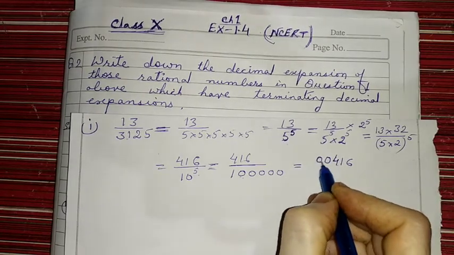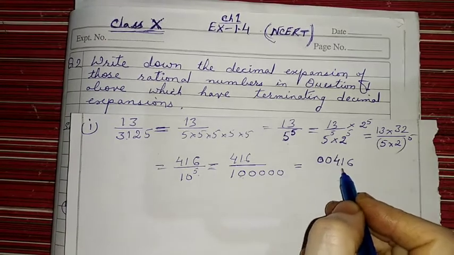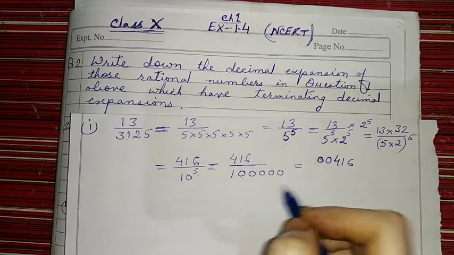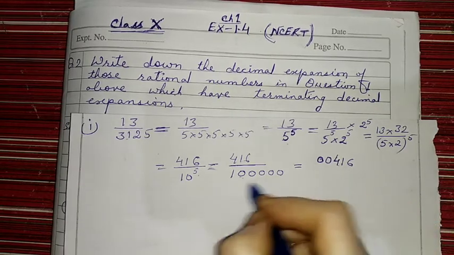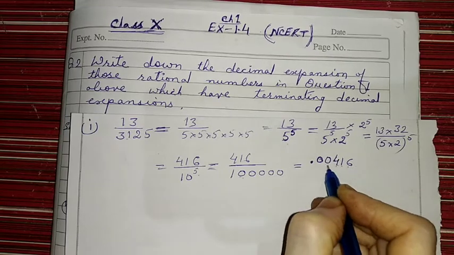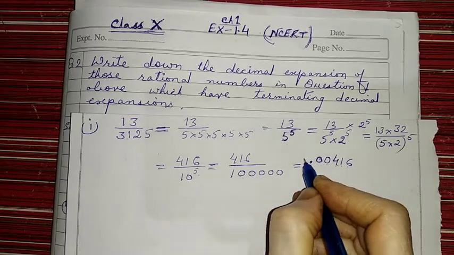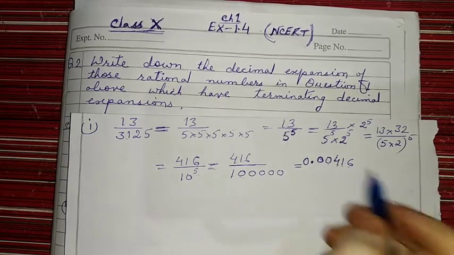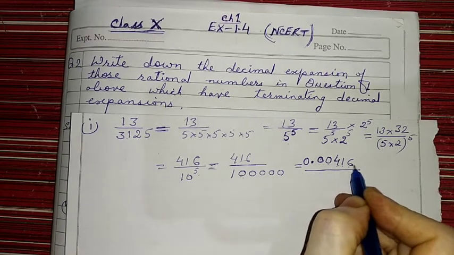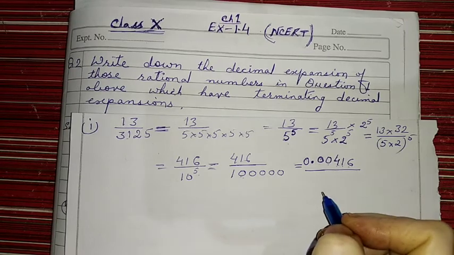If you put 0 on the left side of a number, its value will not change, so we can write any number of zeros on the left side. Since five 0s are given, the decimal point will be after 5 digits, and before the decimal you put 0. So 0.00416 is the decimal expansion.